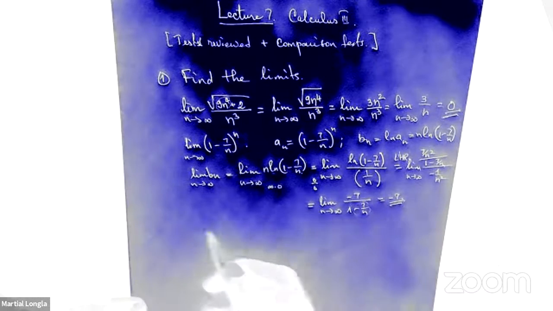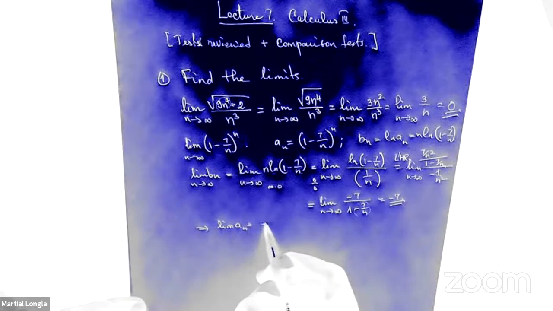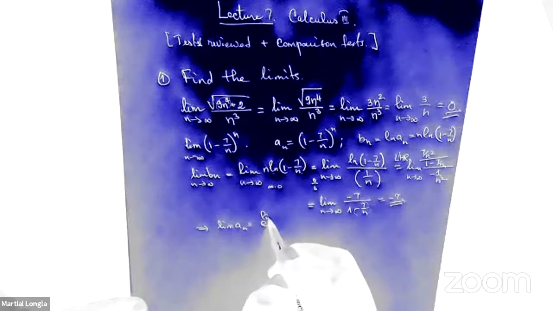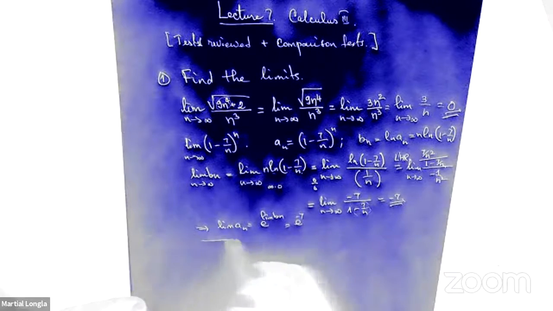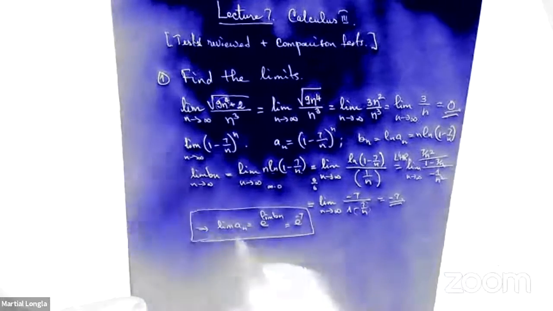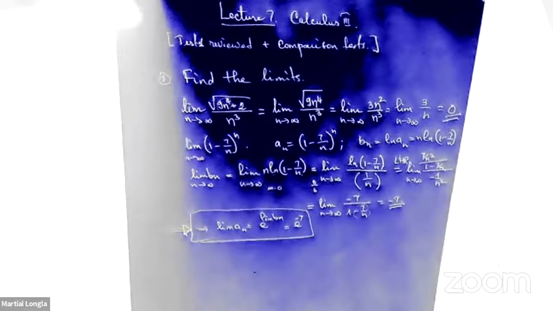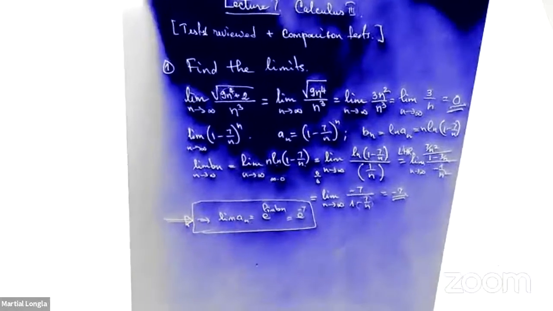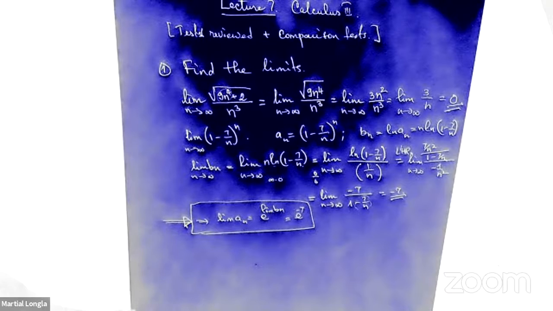And because this limit is minus 7, limit of an is e to limit of bn, which is e to the minus 7. That's how it gets computed. Anything else that you do is out of the scope of this class at this point. There might be other topics where you will be taught how to do otherwise.